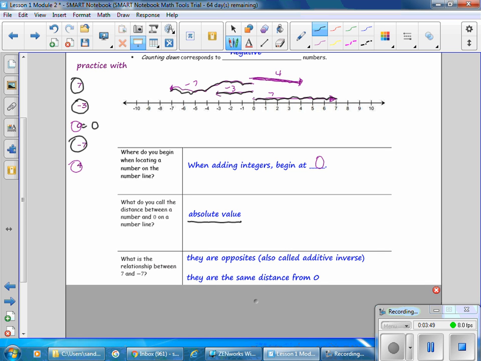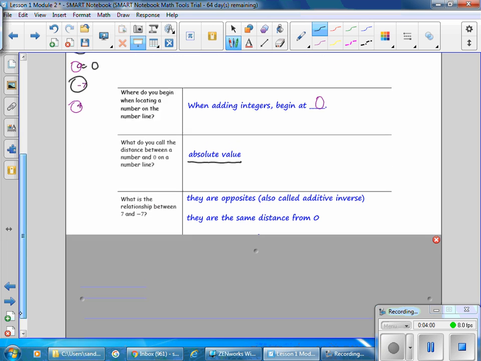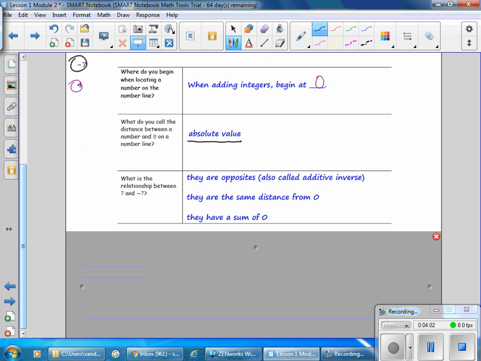They are opposites. This is also called the additive inverse. And they are the same distance from 0. One goes to the left, one goes to the right. And they have a sum of 0. When you add a number and its opposite, the sum will always be 0.